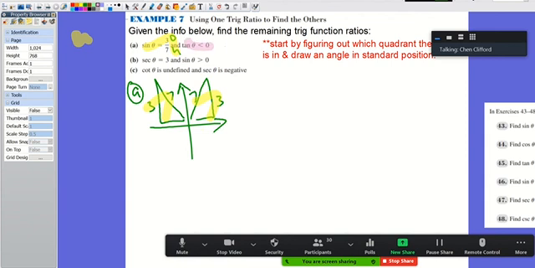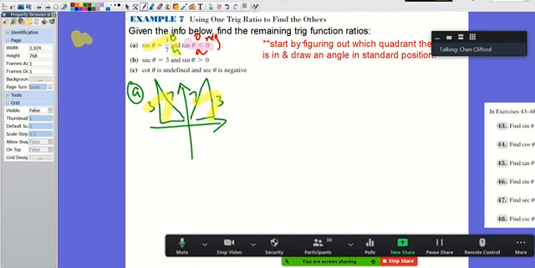Okay, tangent is less than 0, which basically just means tangent is negative. And tangent is opposite over adjacent. Now, in each of these cases, so far from the yellow highlights, opposite is positive.